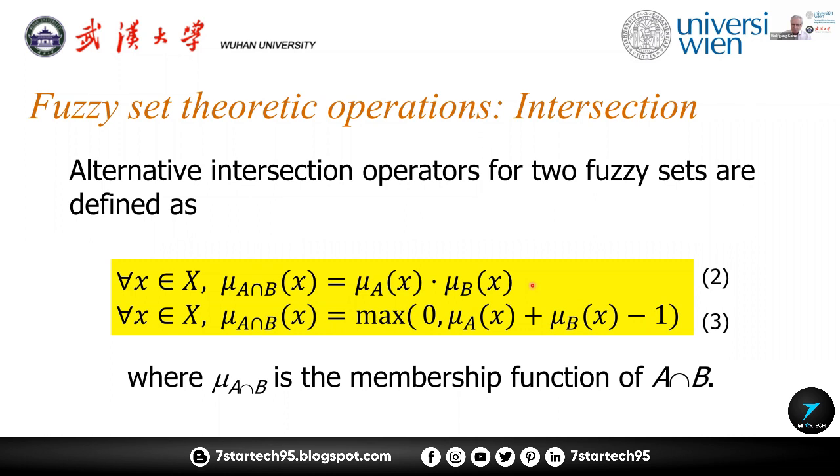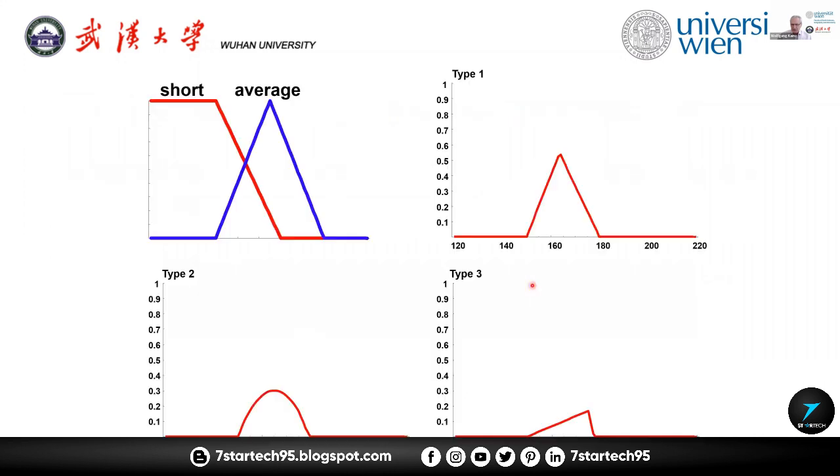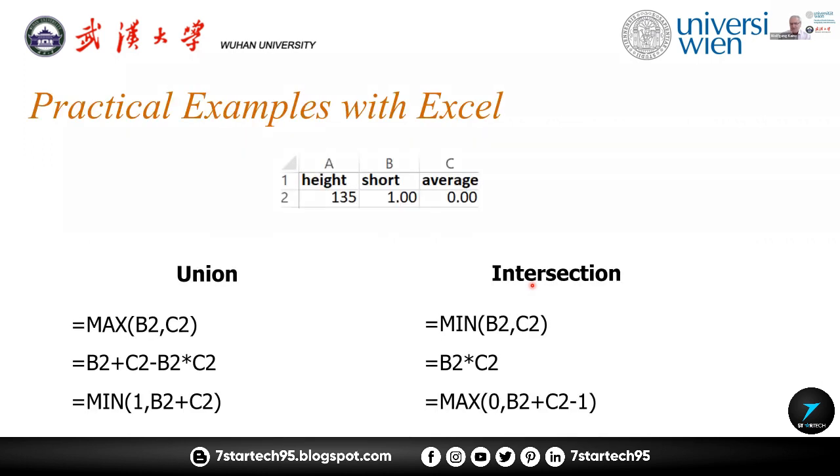So we have here the three options for calculating the intersection of two fuzzy sets. And again, here you see the example with our classes short and average, and how the resulting membership function for the three different types of intersection will look. Now, as I said, we again can look at these using Excel, and I show you on the next slide.